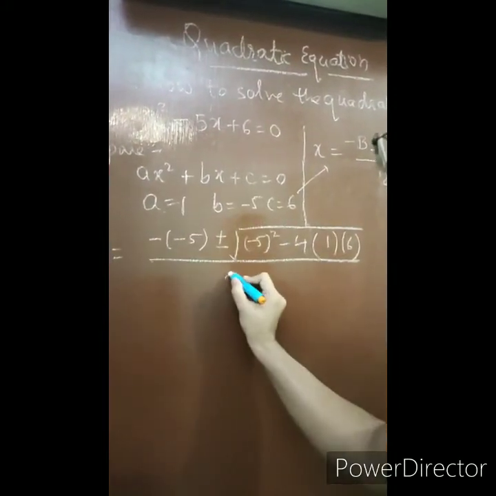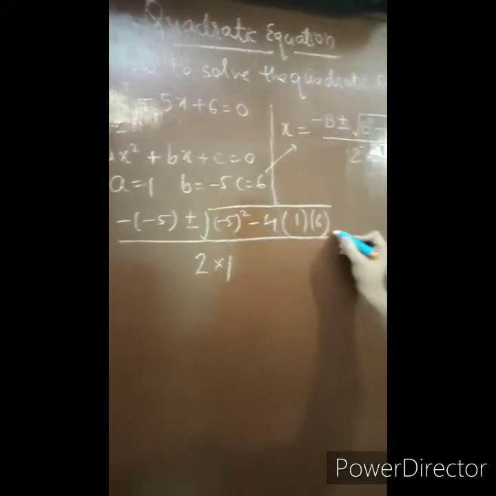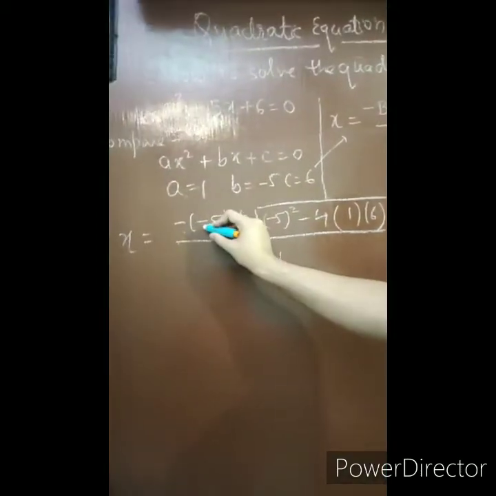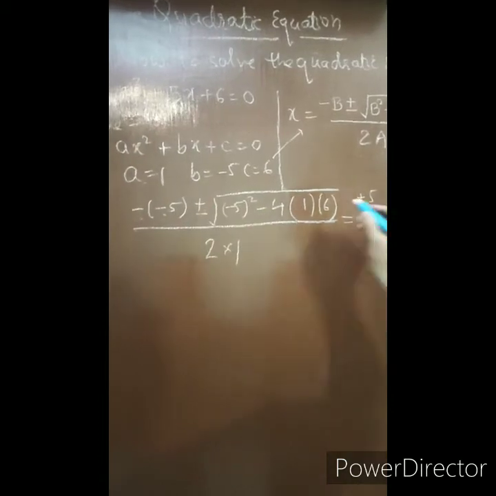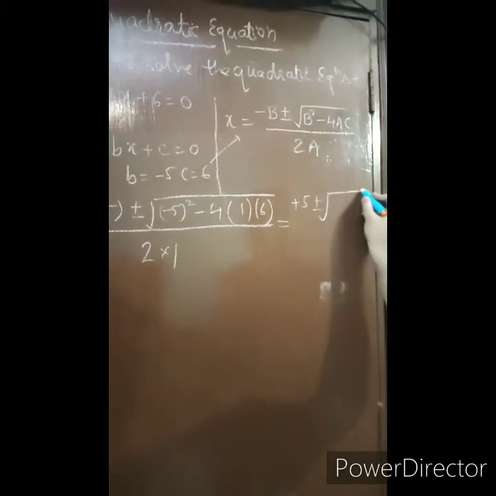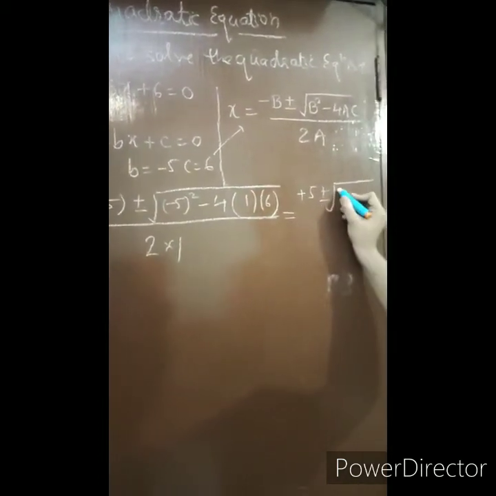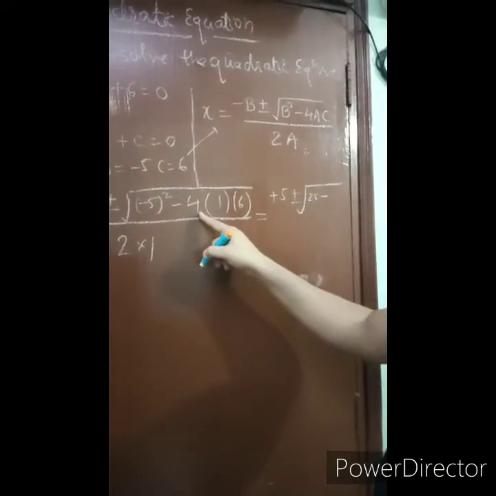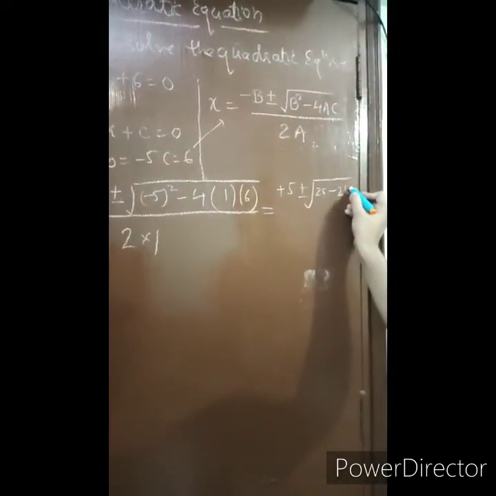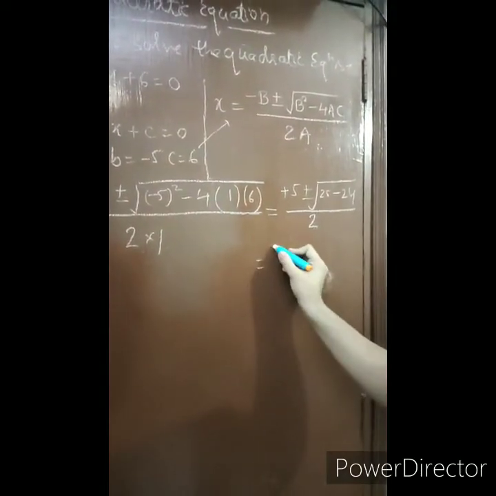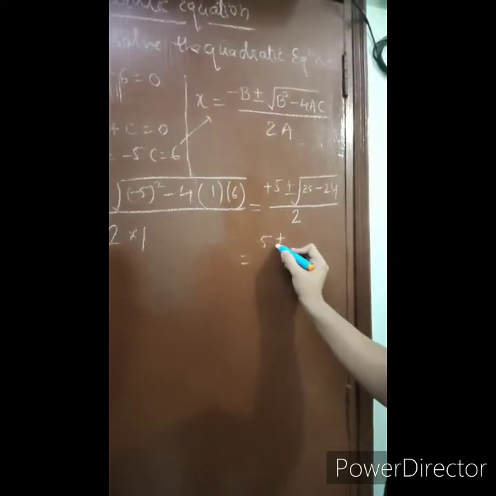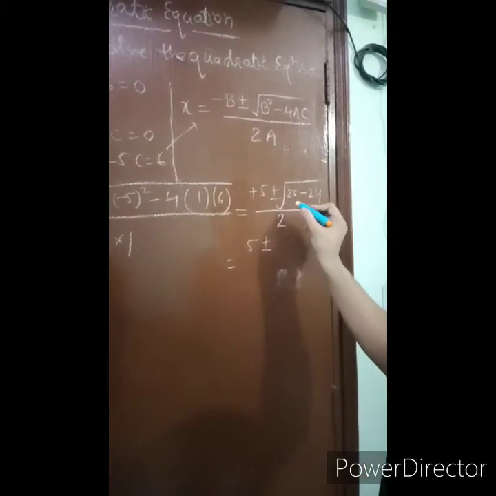So a is 1, so 2 into 1. Solve this. Minus minus combine to become plus. It is plus 5 plus minus under root 5 square, which is 25, minus 4 into 6, which is 24, divided by 2 into 1, which is 2. So now the next term is 5 plus minus root of 1.